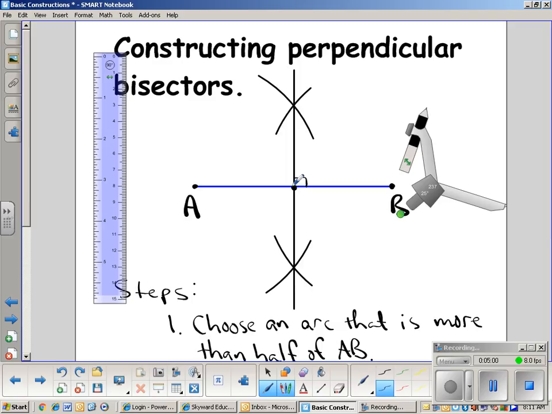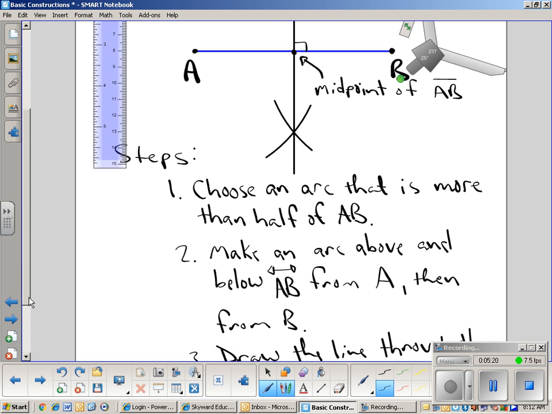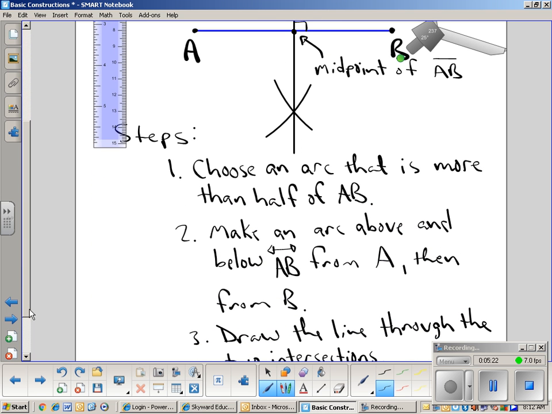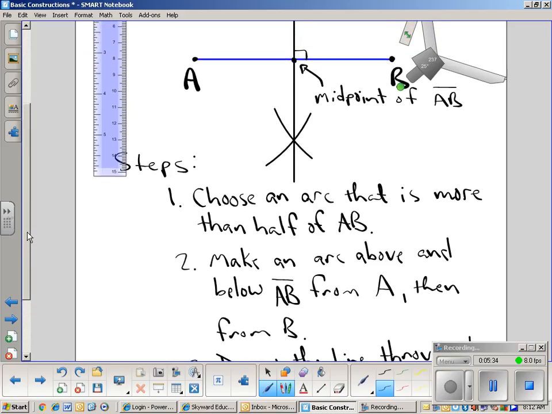So that point right there is going to be the midpoint of segment AB. And I realize that down here, make an arc above, I called it line AB. Probably should have just called that segment.